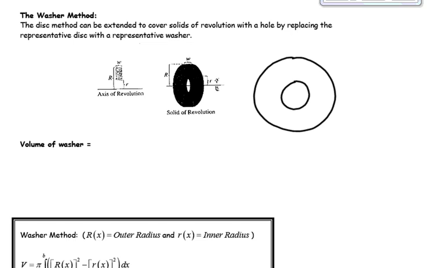So we're going to find the volume of this washer. So again, it has that width, but let's talk about the area of just this figure that I have here. So you have two radiuses. You have the big radius, and I'm going to call that big R, which is actually the same R as the R with the disk method. And then you have to cut out this little radius, so I'm going to call that little r.